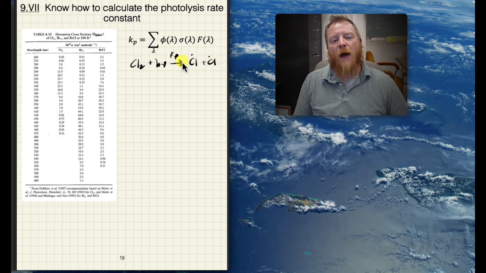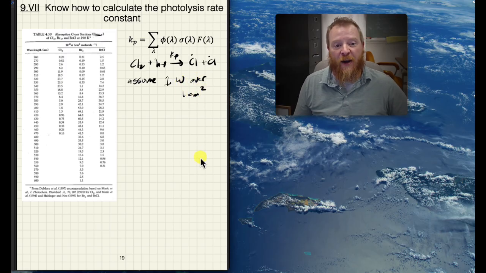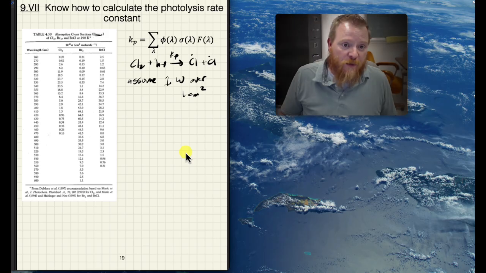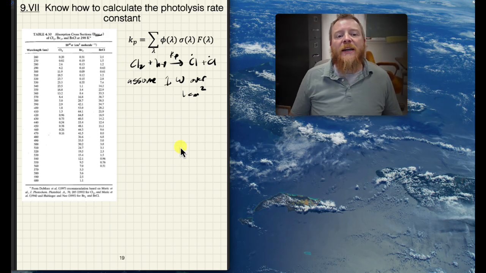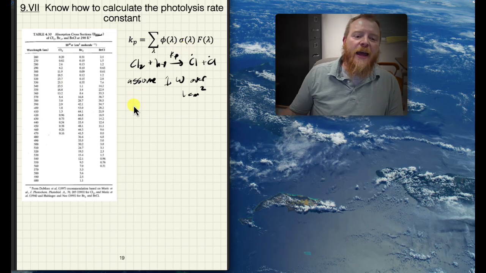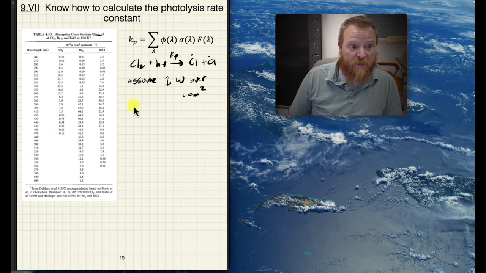So how would we calculate Kp from that? Well, if we assume that we had 1 watt over a 1 square centimeter area, those are some pretty good assumptions that we could use. But now we have to get what the cross section is. And if we're doing this experiment, we would want to pick a wavelength where there is a maximum cross section. So in other words, we'd want to pick the lambda max.